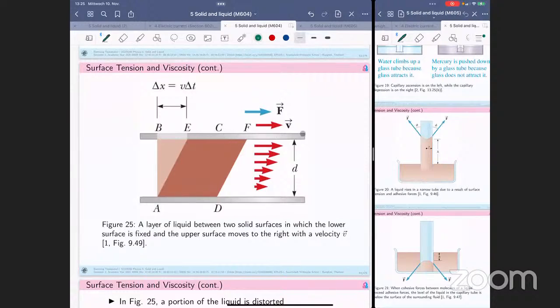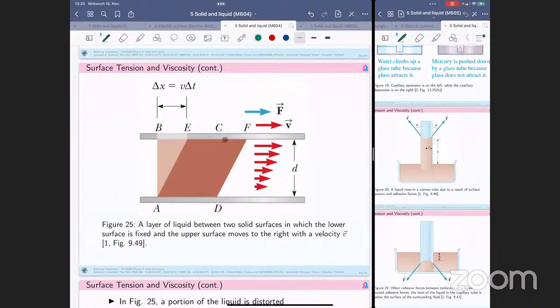pull this flat plane to the right, the liquid on the lower plane here doesn't move, but this one is going to move because it is attached to this plane.